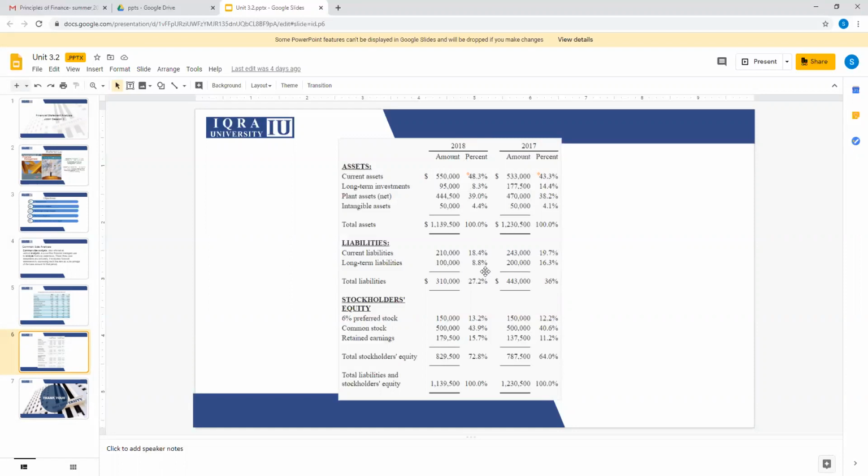Very good sign, this should be done. And total liabilities have also reduced overall quite a lot, from 36% to 27.2. That is also good. Now let's talk about the equity. Equity has increased, from 64 to 72.8. This is also good.